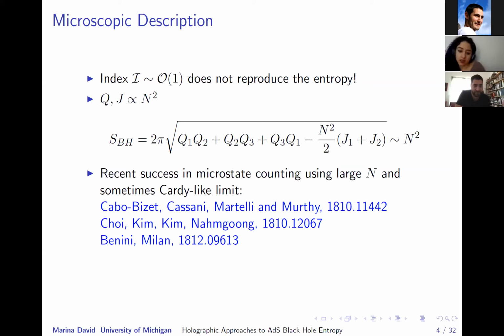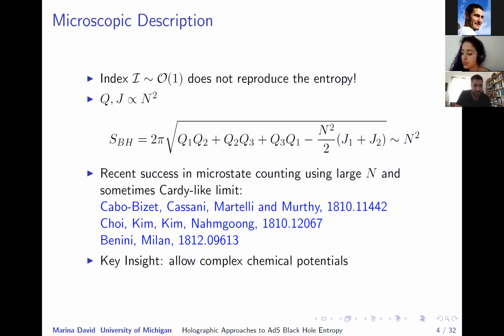But recently, a few years ago, there has been some success in actually computing this correctly by 3 groups, using Bethe ansatz approaches, supersymmetric localization, and the one that I will focus on in this talk, the Cardy-like limit. And the key insight in these 3 papers was to allow for complex chemical potentials.